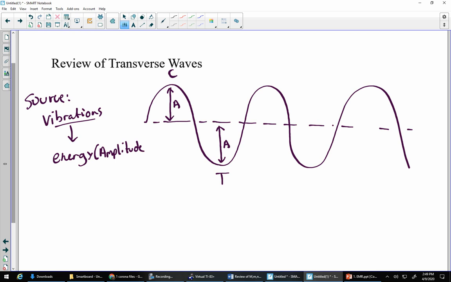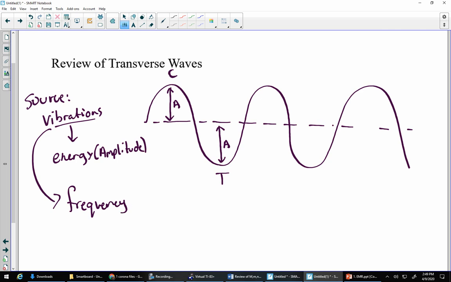So vibrations tell us the energy of the wave. Anybody else remember what the vibrations do? They also tell us the frequency of the wave. And we use our voices an awful lot in Physics 20.